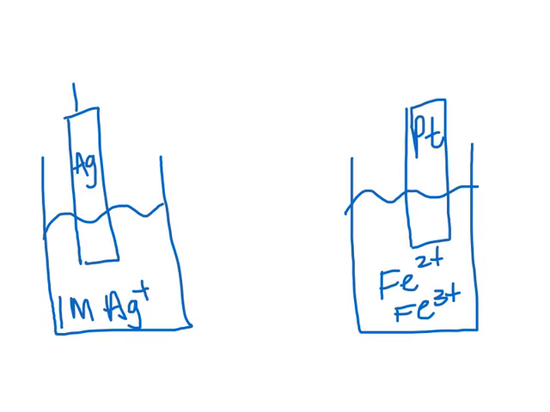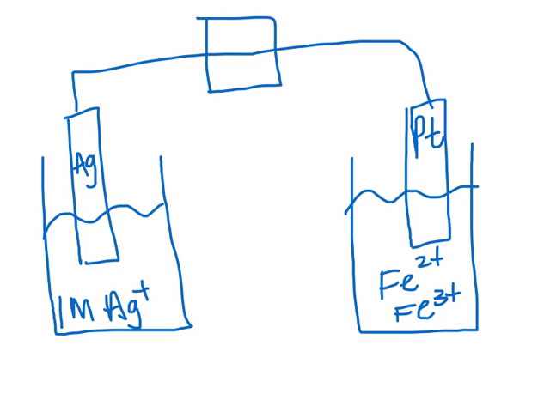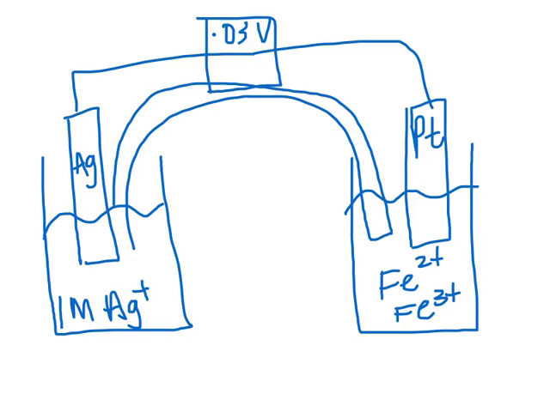Okay, so now I have my two components. I need to connect them with a wire. This time I'm going to add a voltmeter in the middle. And you can go ahead and put 0.03 volts on that voltmeter because that's what it would read. And I need to add a salt bridge. Remember, the salt bridge has to be added before the circuit can be complete. And the last thing I need is a direction of electron flow.